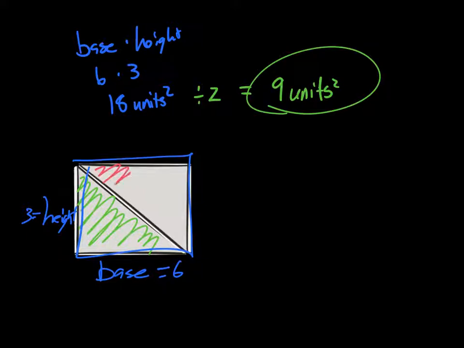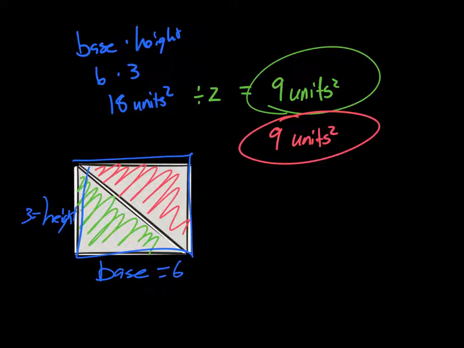Okay? The other triangle, let's say it's a red triangle, is also 9 units squared. Okay? So the reason that we're dividing it by 2 is because we have the two triangles that are going into the parallelogram, and then we're dividing it by 2.